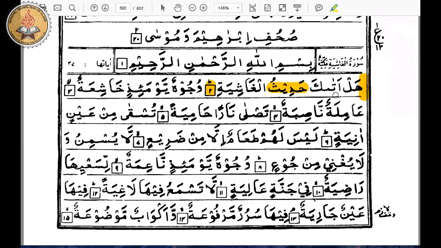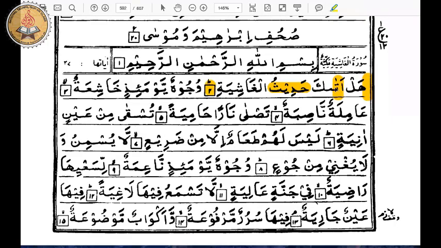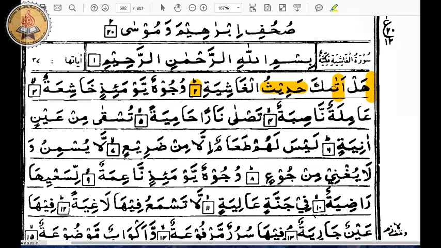This is ta, yeah? So the two dots, let me just make it a bit bigger. Hal ataka. Oh, can I start again? Yeah. Wait, should I read some more?